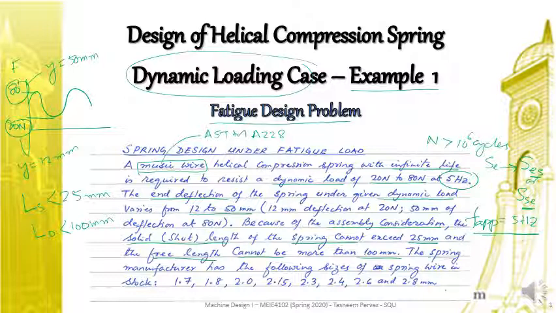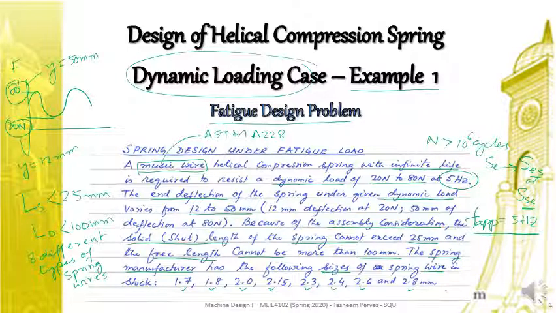And one other condition which is given, the manufacturer has only these sizes of wires. So he has 1, 2, 3, 4, 5, 6, 7, 8. So 8 different types of spring wires are available.